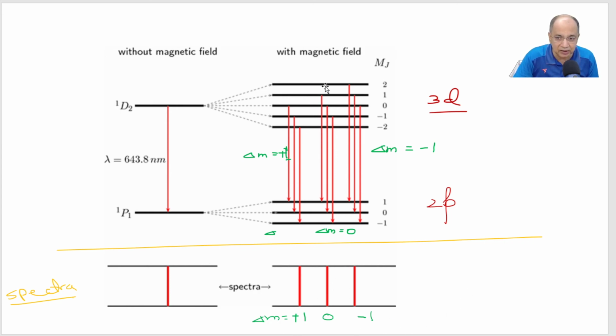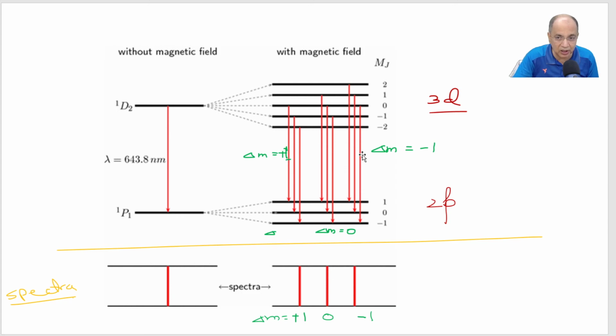This corresponds to the -1 category where the energy is maximum. Here the wavelength is minimum. Supposing this is the minimum wavelength, and from right to left we are increasing in wavelength, and this is the intermediate energy, intermediate wavelength, and this is the minimum energy where delta m is equal to +1 where the lambda is maximum. So there are 3 lines which are equally spaced.